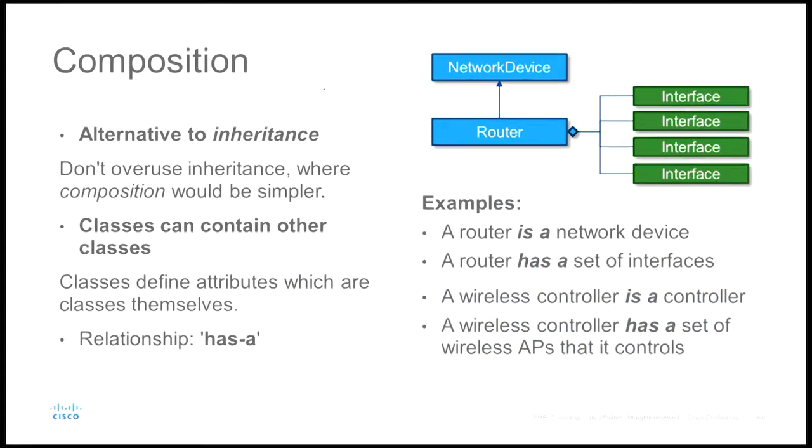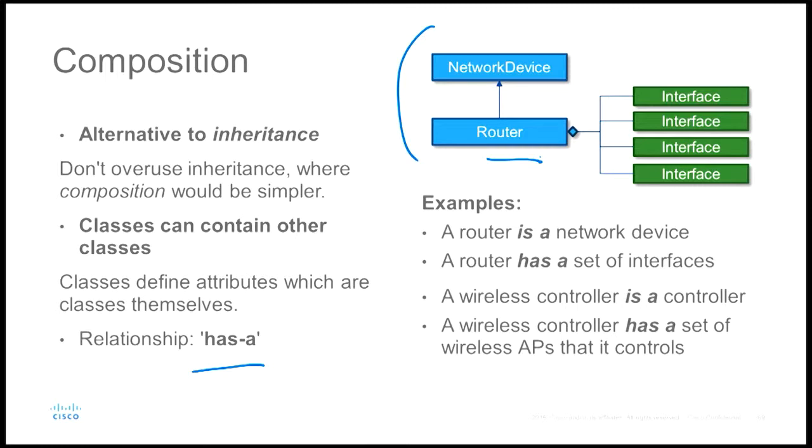Another thing that's important to remember and that you might want to make use of is the idea of composition. As you see down here on the bottom left, the relationship between an item that is part of an object and the object that it's part of is a "has a" relationship. So if you look up here at the picture, you can see that a router has an interface.